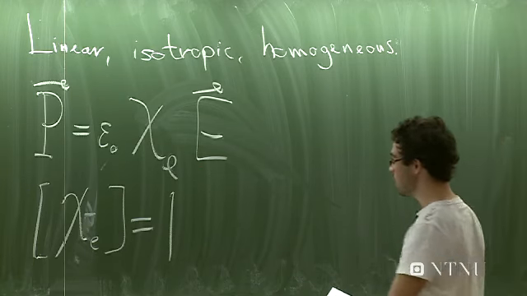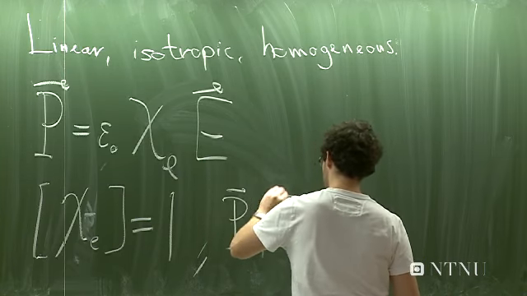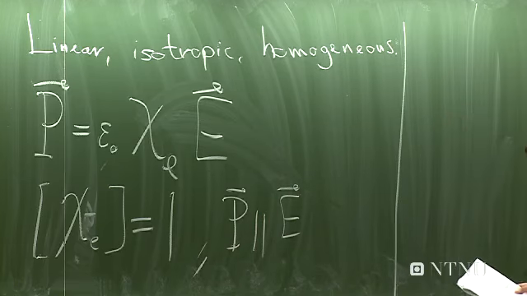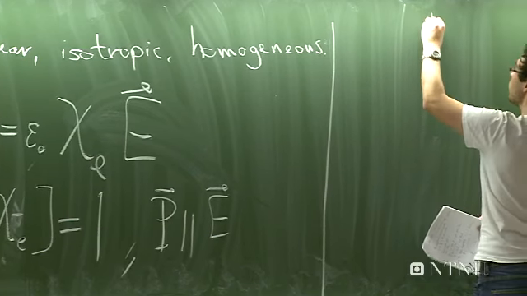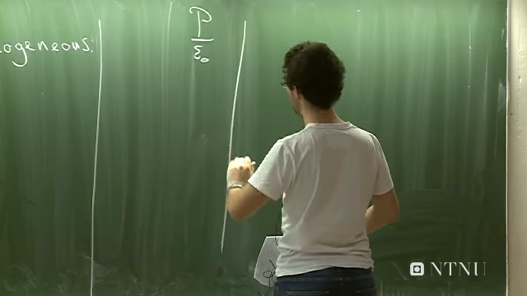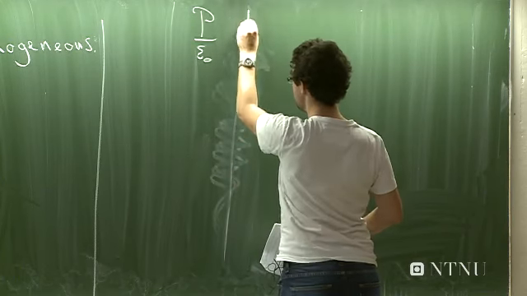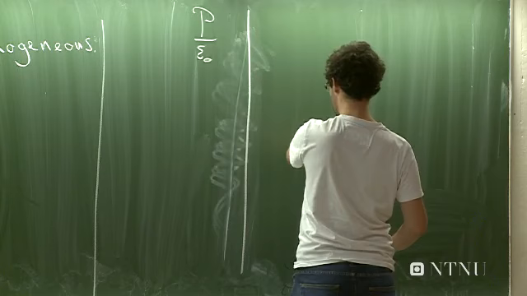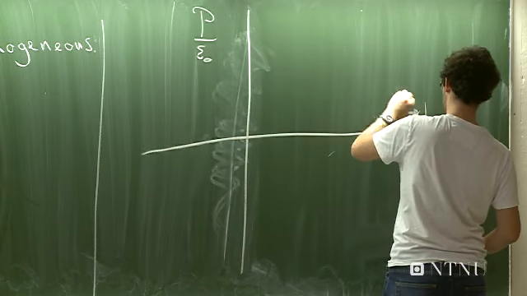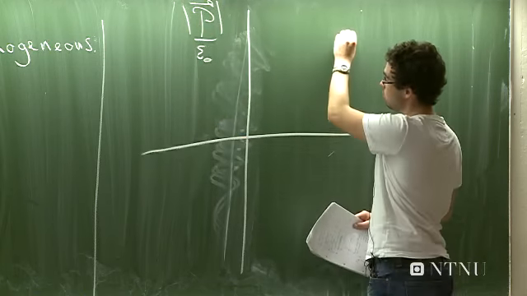And yeah, D is parallel to E. And now, if I plot this, it's just a straight line because they're proportional.